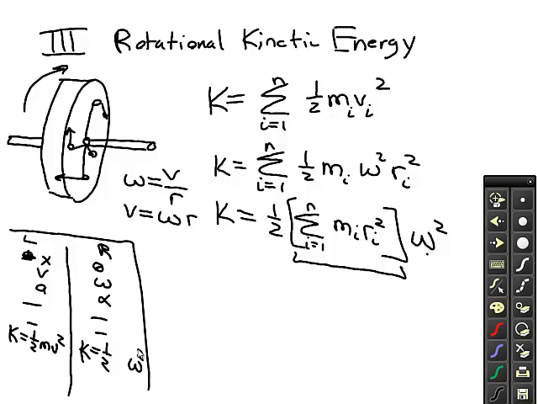So check it out. We've got 1/2, 1/2. We've got linear inertia, the mass, how much inertia something has. We've got this weird quantity called rotational inertia now. And then we've got linear velocity squared, and on the other side we have rotational velocity squared. So what I'm claiming here is that this weird thing in the middle has something to do with the inertia of the object.